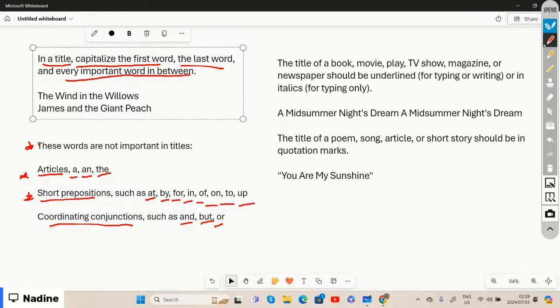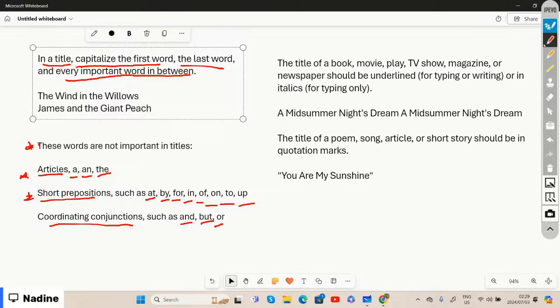So we see that within the title of a book, movie, play, TV show, magazine, or newspaper, it should either be underlined, whether you're typing or writing, or it needs to be in italics if you are typing only.